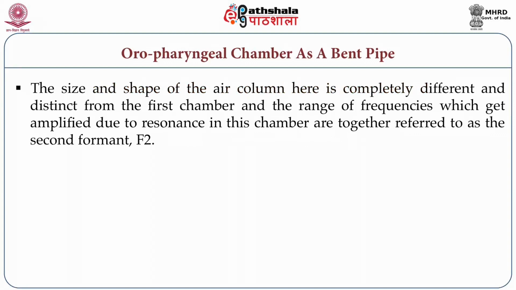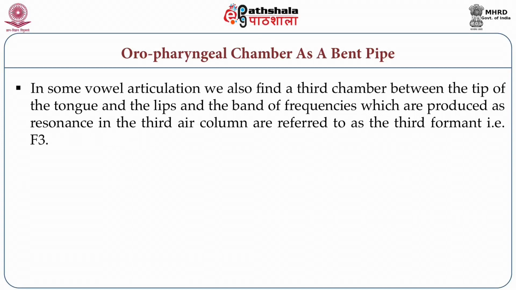The second band of frequencies picked up for resonance will be the second formant, and the third band of frequencies, if there is an air column between the teeth and the lips, then that is the third formant. These formants, as bundles of resonant frequencies, define all our vowels, all our vocalic articulations in acoustic terms.